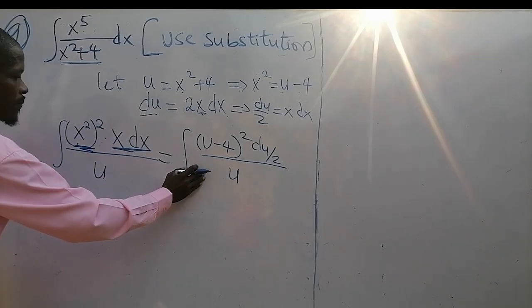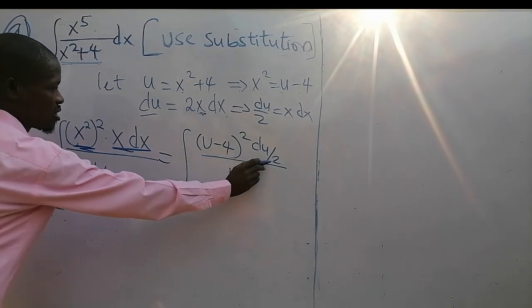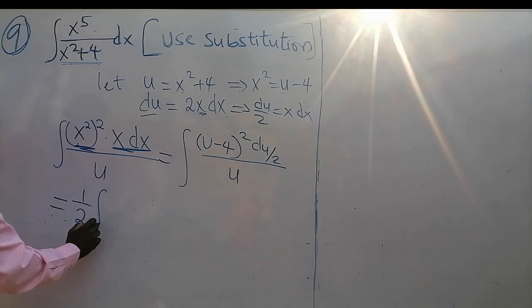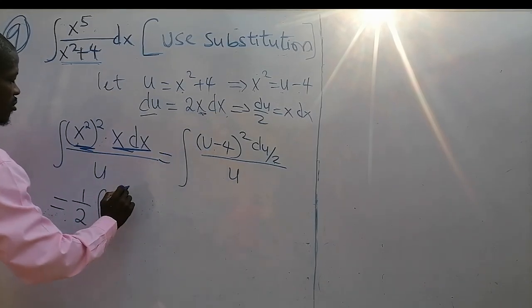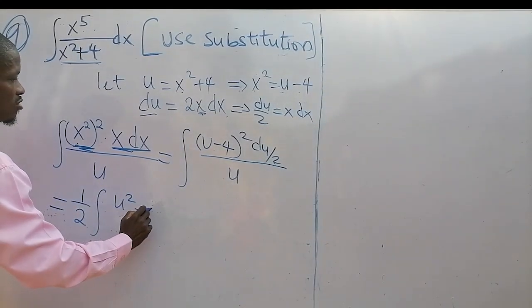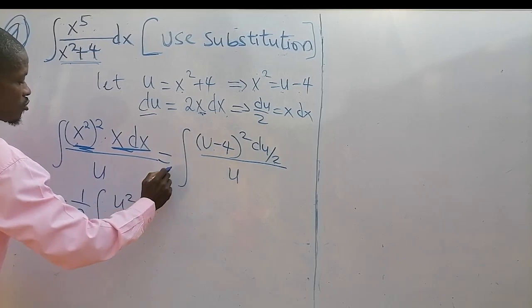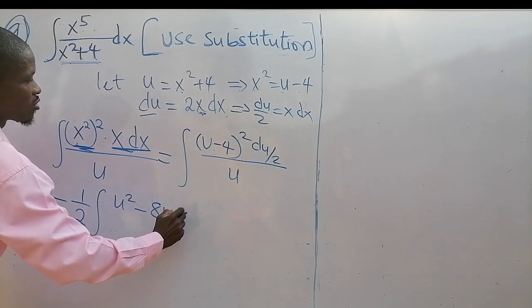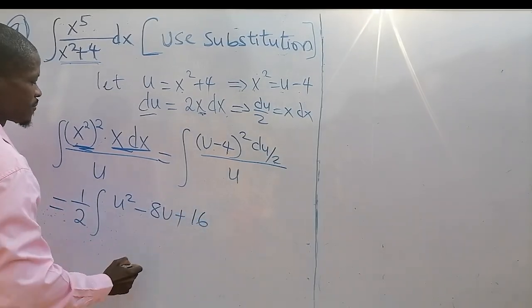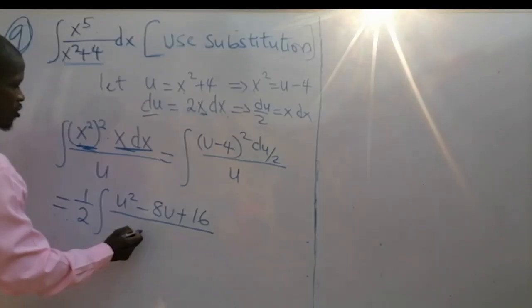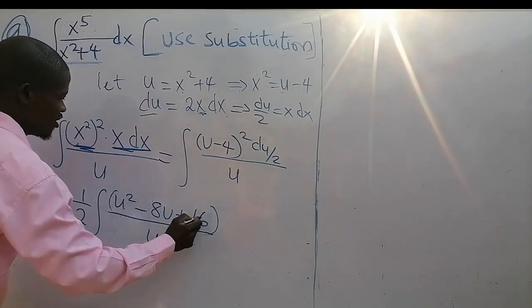So what we're going to do now, these two can be outside the integral. So we have this, and then you can expand this one, and that will be u squared minus this one times this one. That's 4u times 2, that's 8u, and then plus 4 squared, that's 16, all over u du.